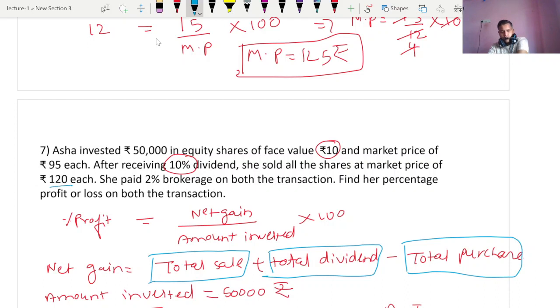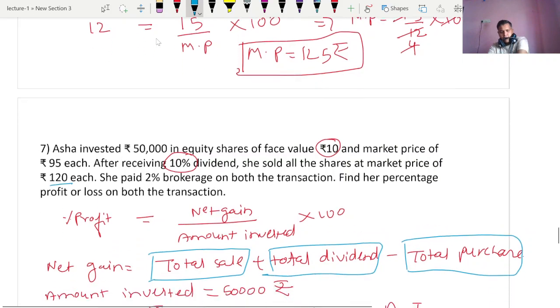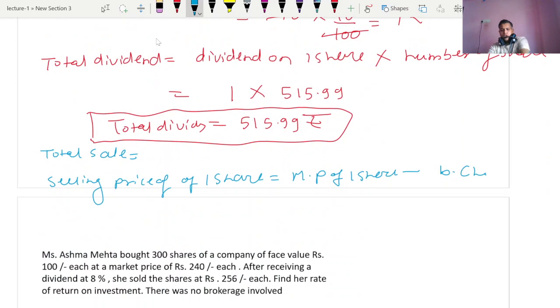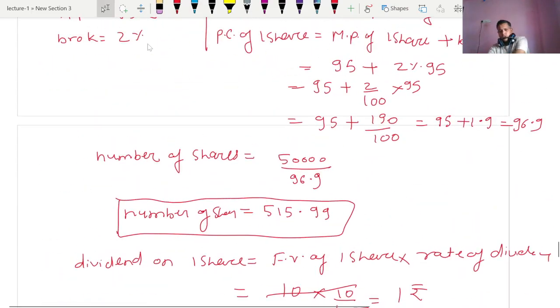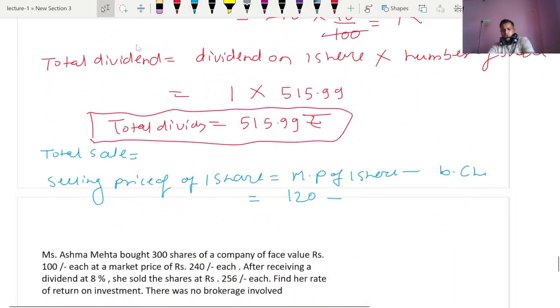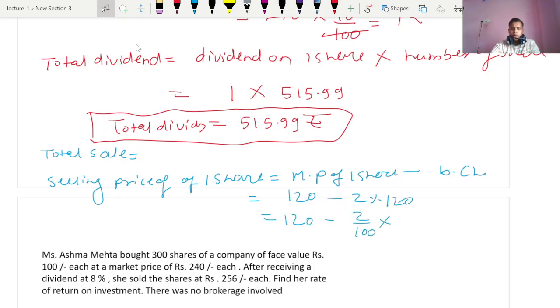While she was selling, the market price was 120 rupees, and the brokerage charge was 2% of 120. So 120 minus 2 by 100 of 120, which is 120 minus 2.4, and this will become 117.6. So this is the selling price of one share.